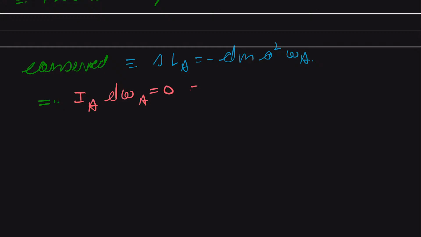So which basically means that dω_A should be equal to 0. And thus from here we can say that a drum's angular velocity does not change. Okay, because the change dω_A is equal to 0.